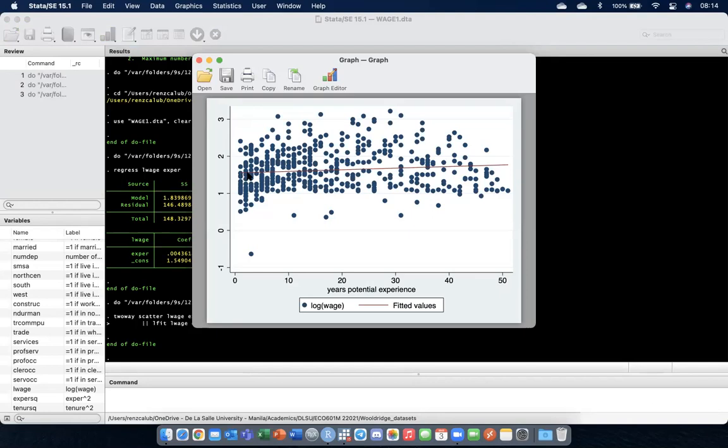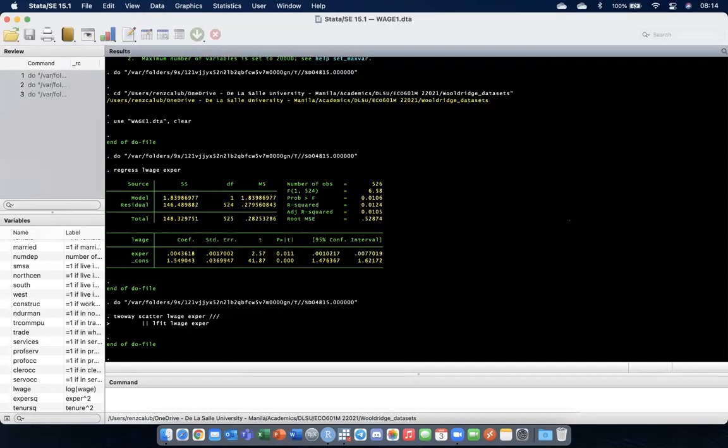In other words, this line must fit this data really well. And this line will characterize the relationship between log of wage and experience. So that's why you call it OLS.